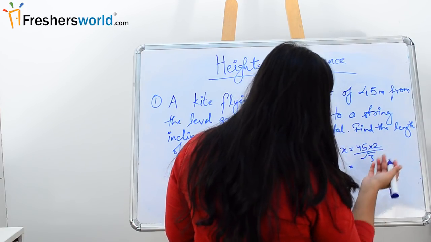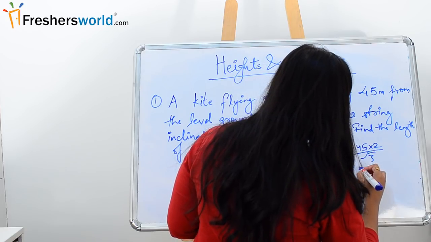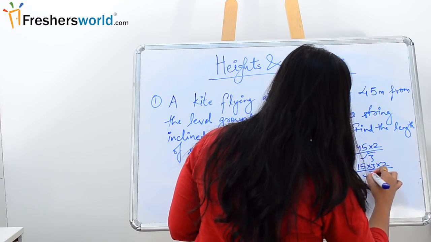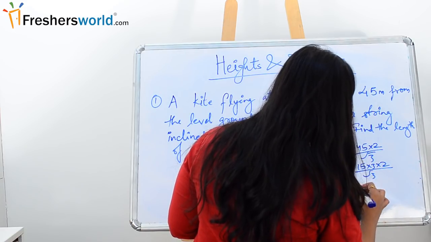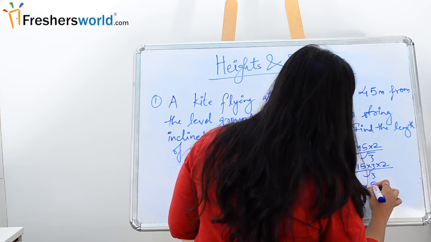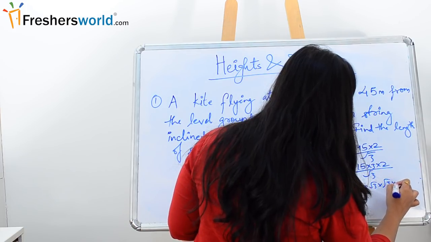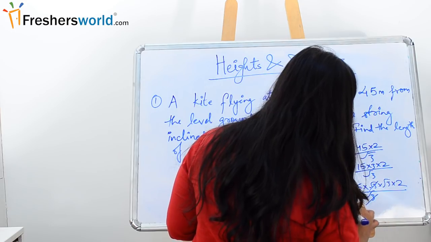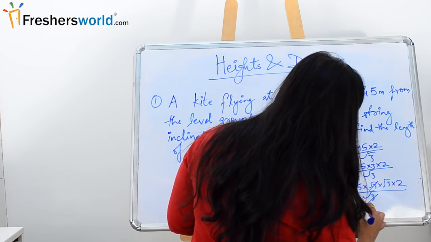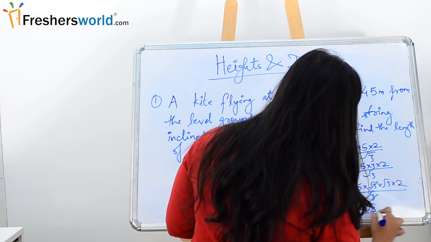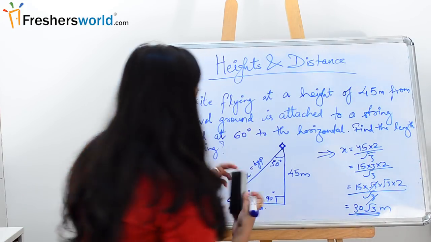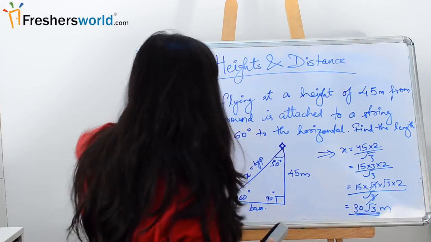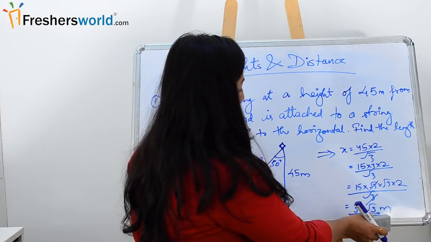If we simplify it further, we can say 15 into 3 into 2 by root 3, which is again root 3 into root 3 into 2 by root 3. If we cancel root 3, we get 30 root 3, which is the answer. So finally we got that the length of the string is 30 root 3 meter.